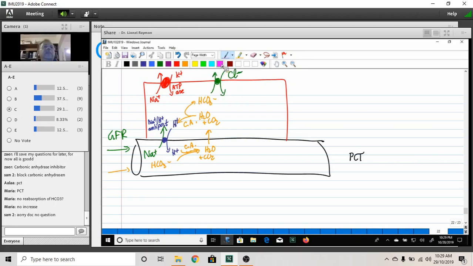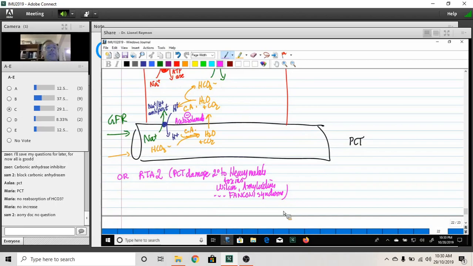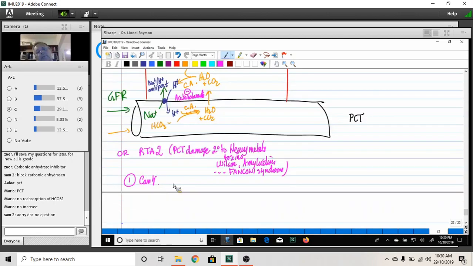So right now, if I'm inhibiting carbonic anhydrase with acetazolamide, or if I have RTA2, which is proximal convoluted tubule damage, secondary to heavy metals, toxins, Wilson disease, amyloidosis, what we call Fanconi syndrome, where we don't know the etiology, then what's going to happen is, number one, I can't reabsorb bicarb.